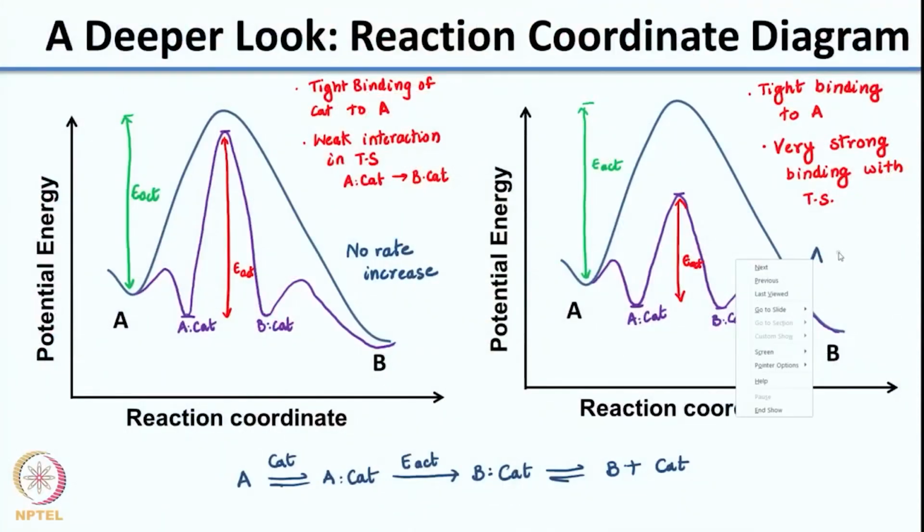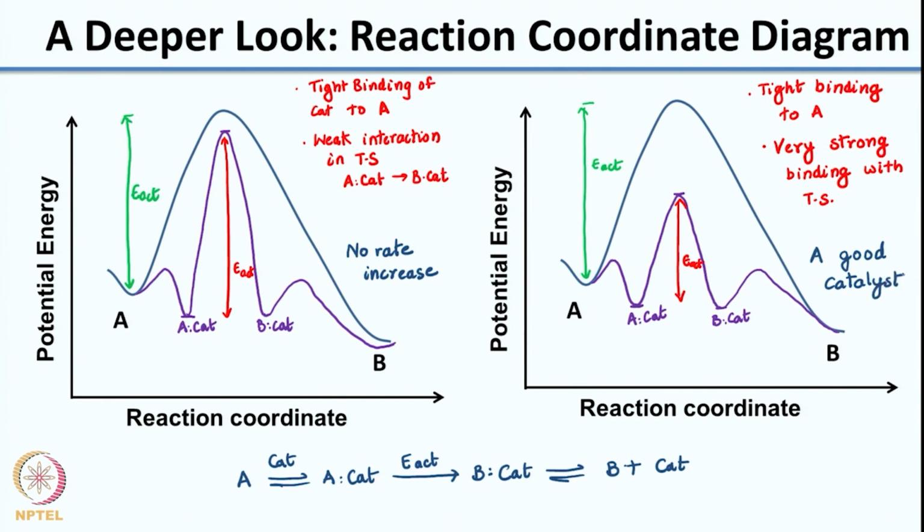So, that means this is a great catalyst. So, this is a very good catalyst, because what it does is it lowers the activation energy, or in other words increases the rate of the reaction.